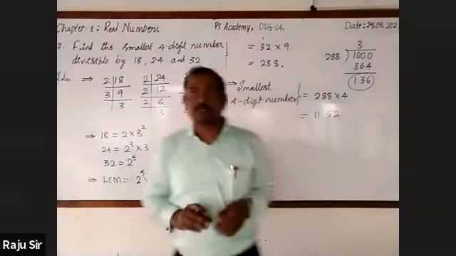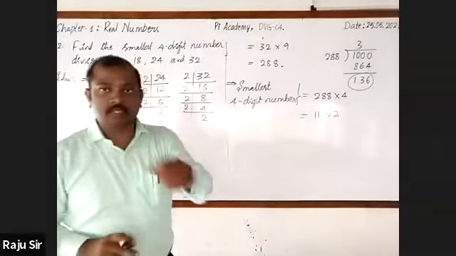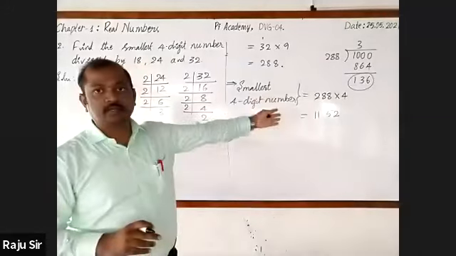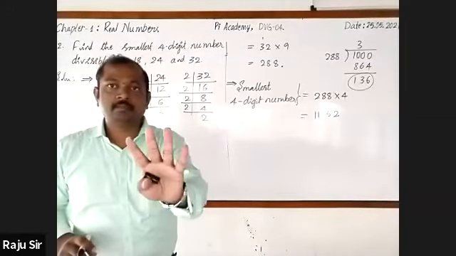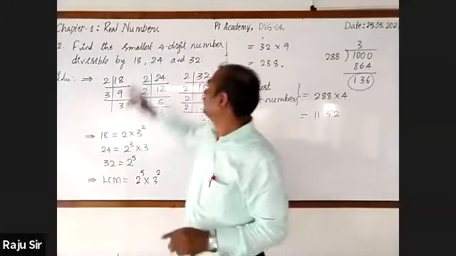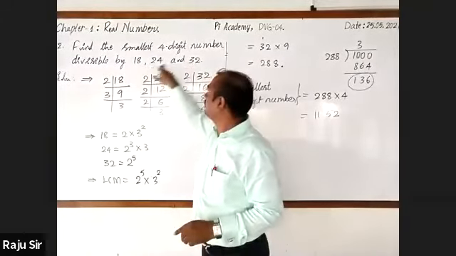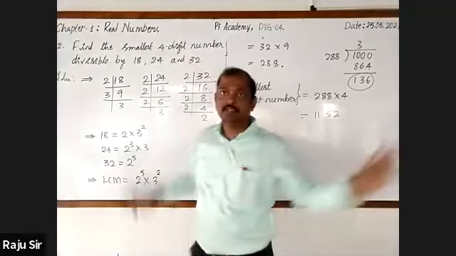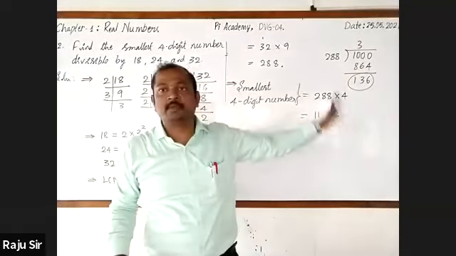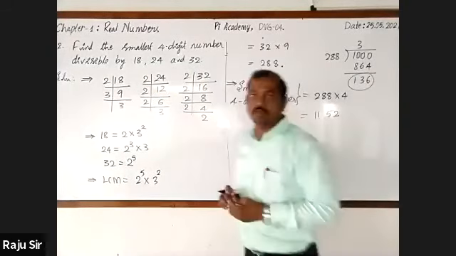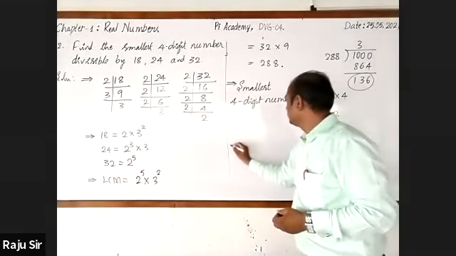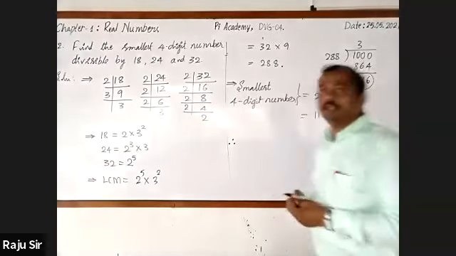Very good. Some students have already given the answer. It is 1152. This is the smallest 4-digit number and is a multiple of the given numbers 18, 24 and 32. Or else, it is the smallest 4-digit number which is divisible by all the 3 numbers. Siddesh, you are right for writing the conclusion.